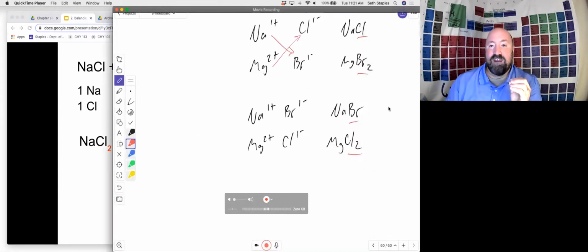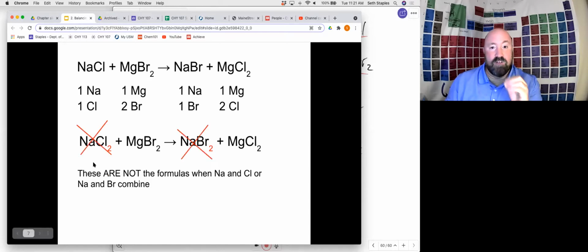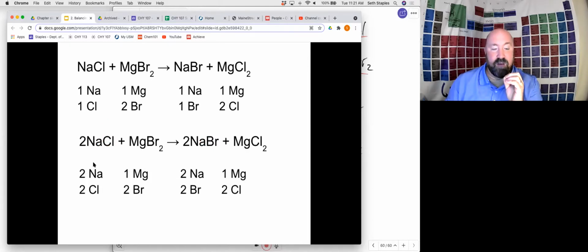As we've already seen here, those are not the chemical formulas for when Na comes together with Cl or when Na comes together with Br. So you cannot simply add a subscript like that. What we can do is change how many of each we have. We can say instead that I'm going to start with 2 NaCls, and I'm going to create 2 NaBrs. That now balances the equation for us.